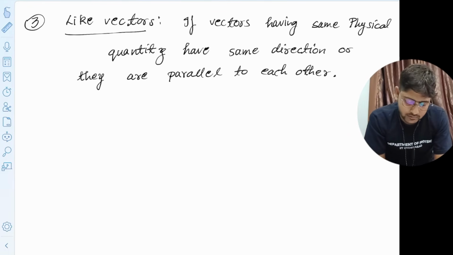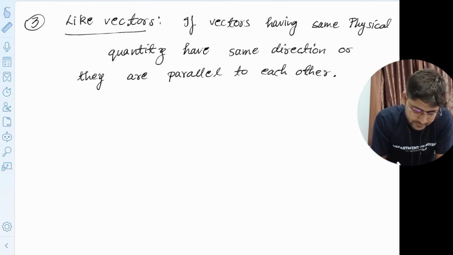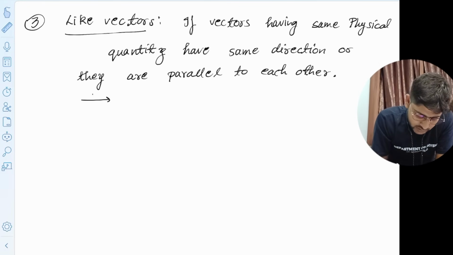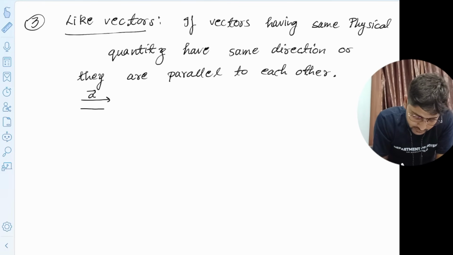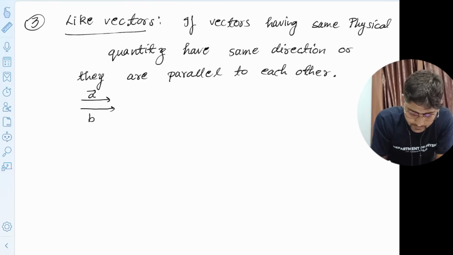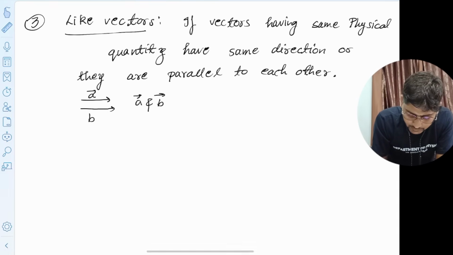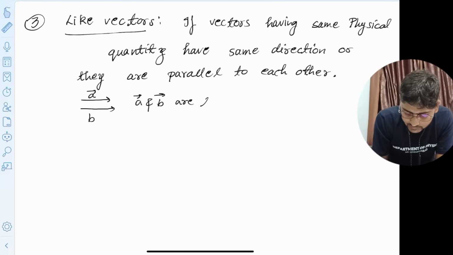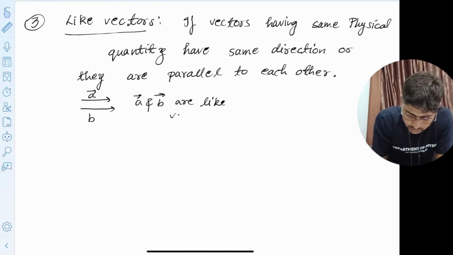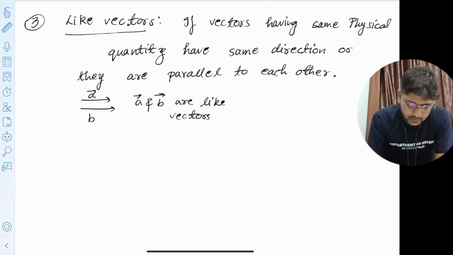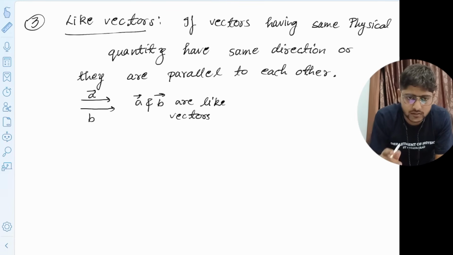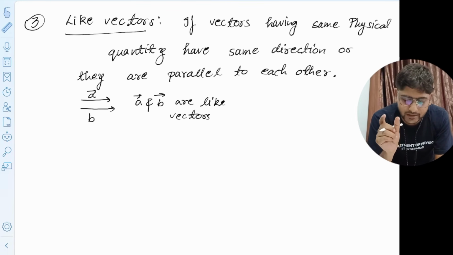Okay, so what is the example? Suppose this is vector A and this is vector B. So vector A and vector B are like vectors. Magnitude can be different. If we make a small vector, its magnitude is small.